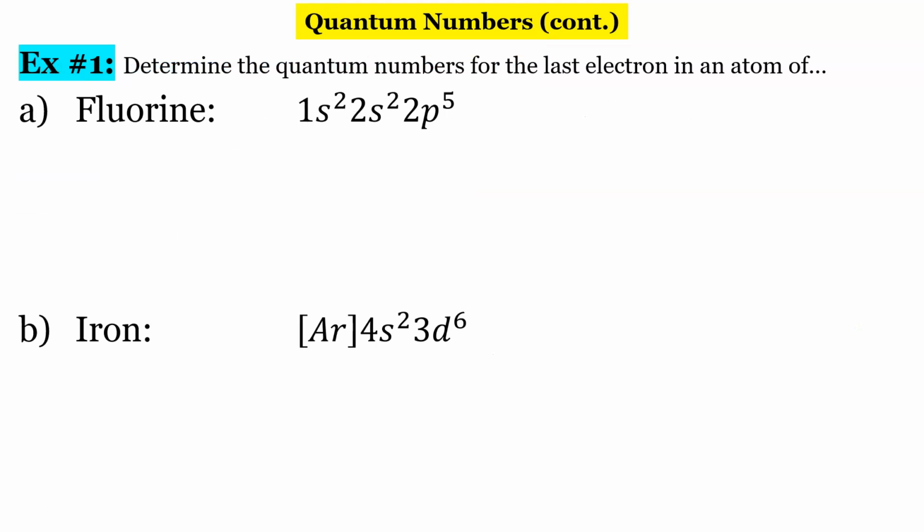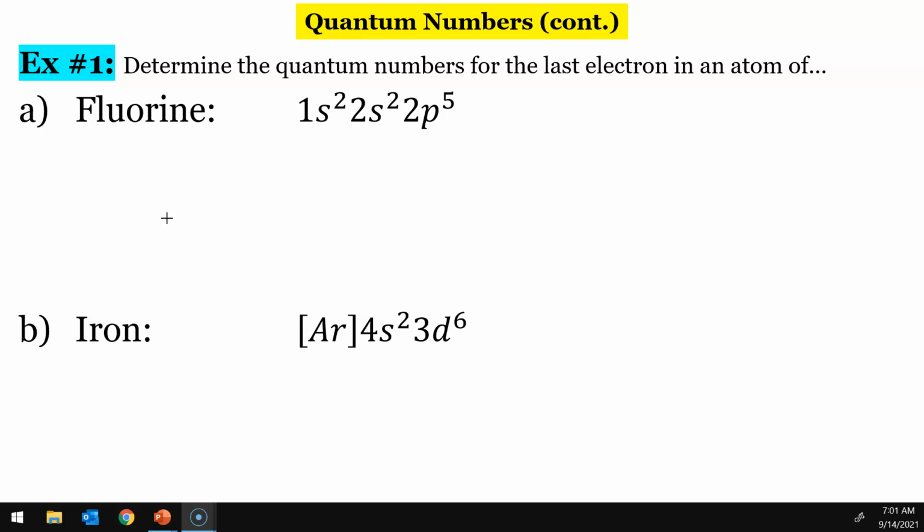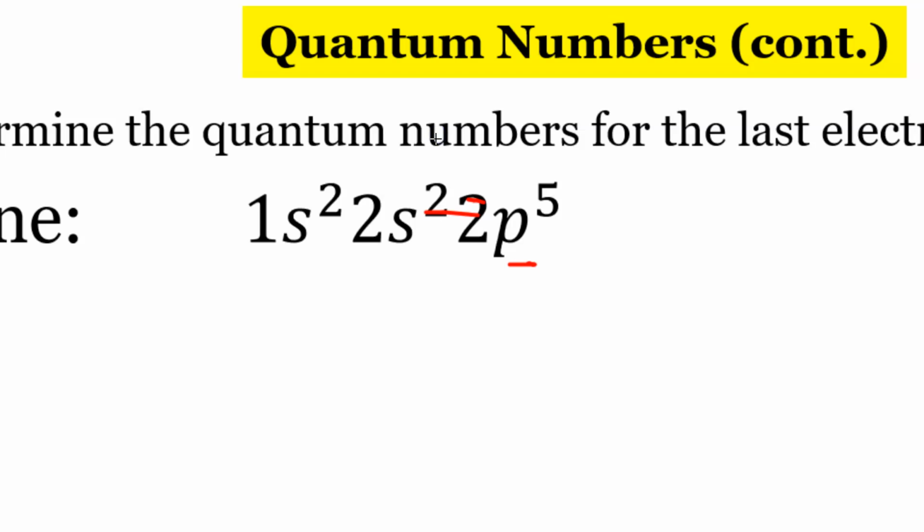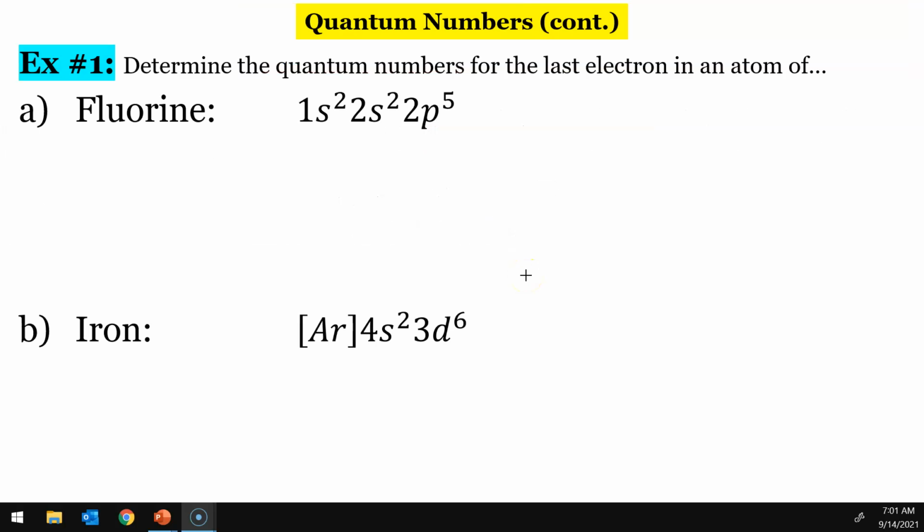So let's look at two examples here. It says, determine the quantum numbers for the last electron in the atom of fluorine and then iron. Let's start with fluorine. For fluorine, we're going to look at the last electron. The last electron in fluorine takes its home in 2p5.